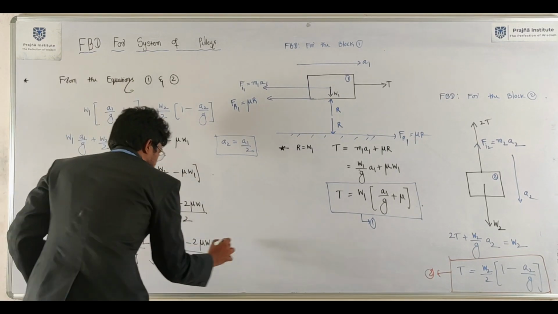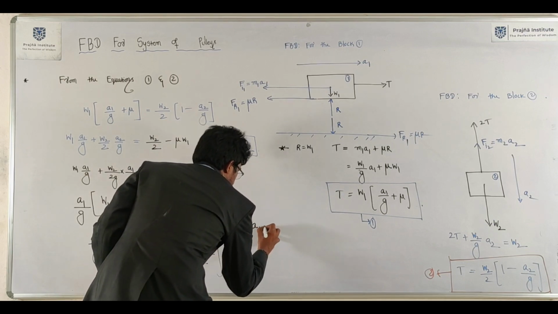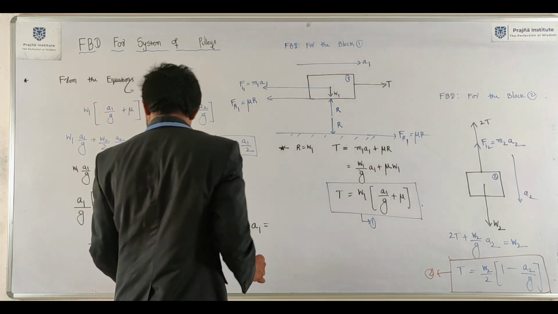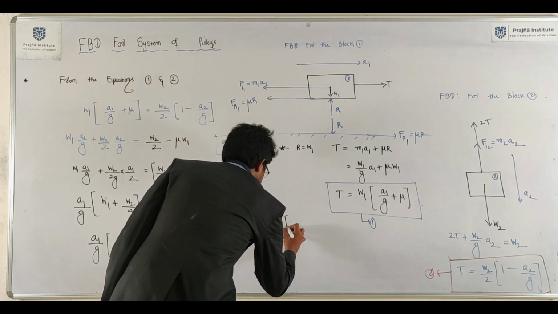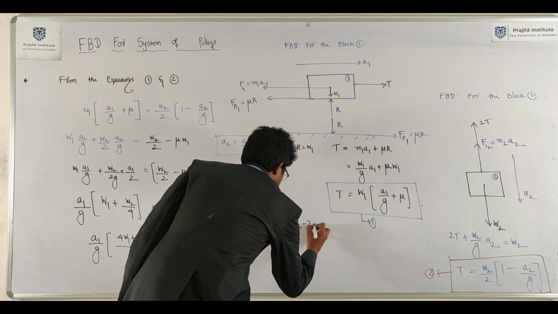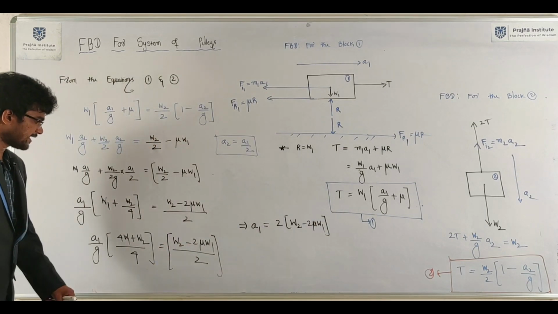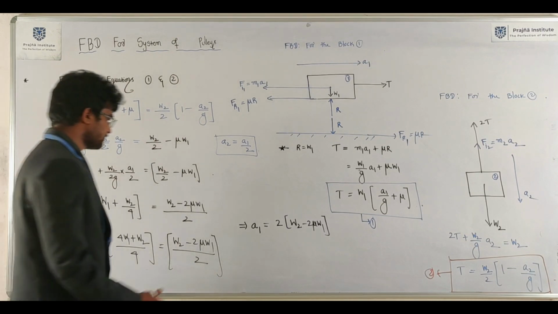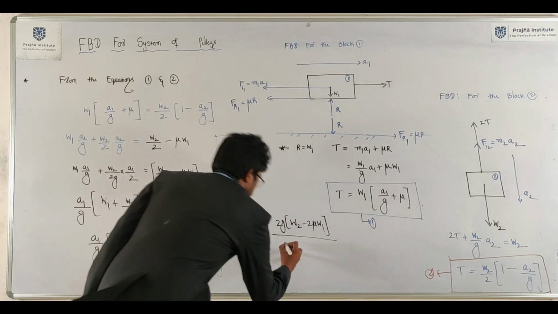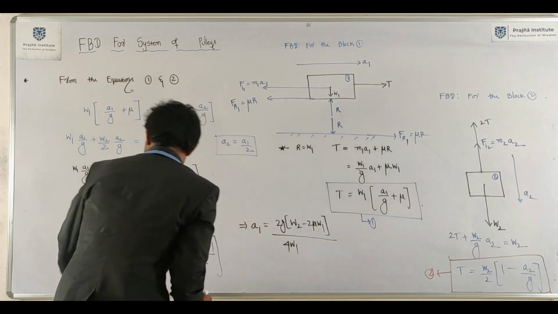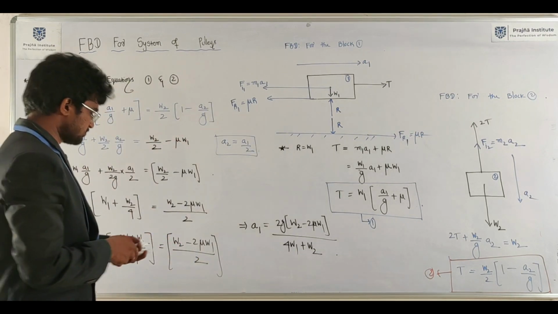Finally, acceleration a1 equals 2 times W2 minus 2 mu W1, by, here you can take g by 4 W1 plus W2. This is the expression for a1.